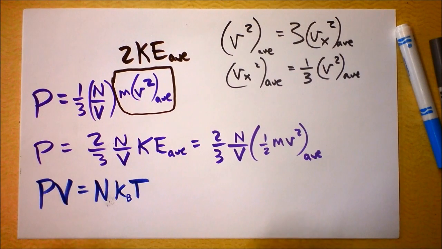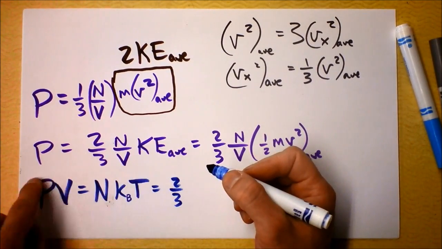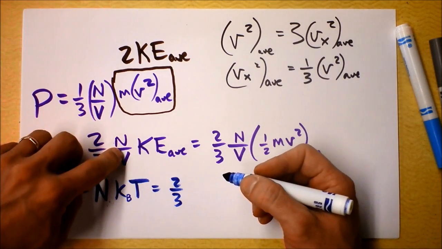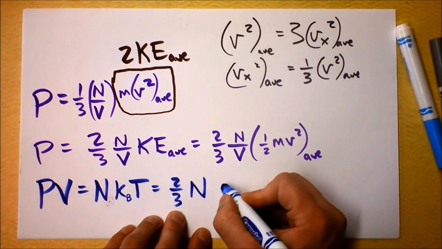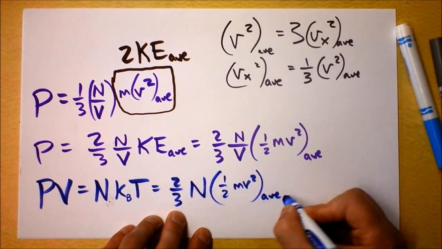Now I want to tell you that this stuff right here, that is 2/3. Check it out. I'm not going to have a V anymore because I'm supposed to multiply by V, so it'll cancel that right out. That's 2/3 times N times 1/2 mv square average.